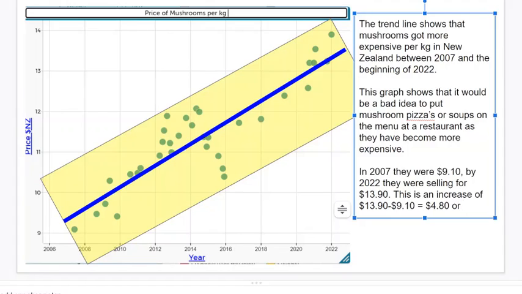Click on that and you've got an assignment. Now you need to put that trend line on and think about how it works in the real world, and I've given you the box to put over the top to help you a bit. This little circle here is how you move the box around, and this line. Okay, and think about this question here and answer it in the text box.